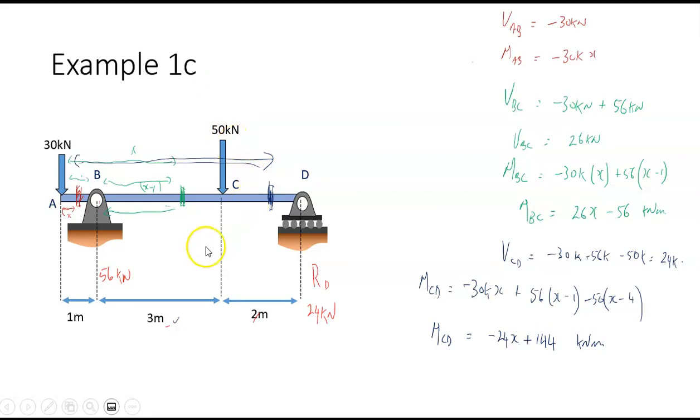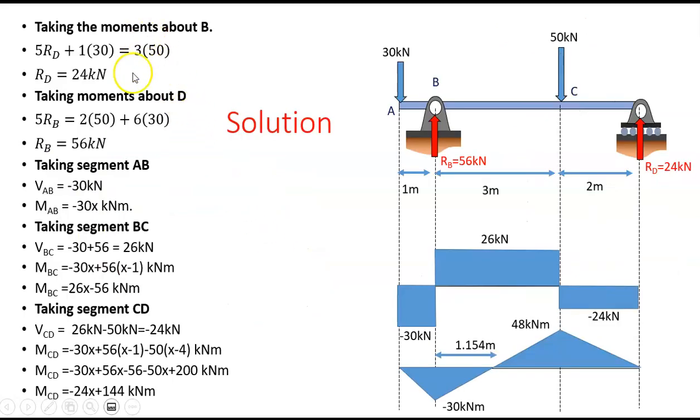Okay, so let's have a look at that on the next slide where I've typed it out. So there's all our shear forces and bending moments. The shear force from A to B is minus 30 kilonewtons.